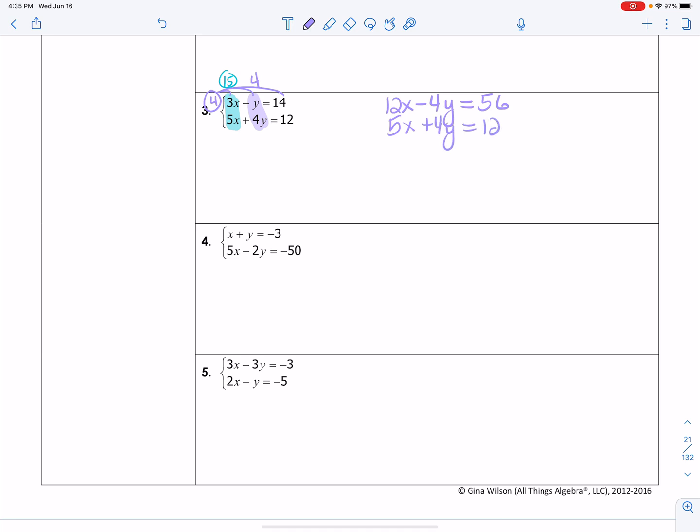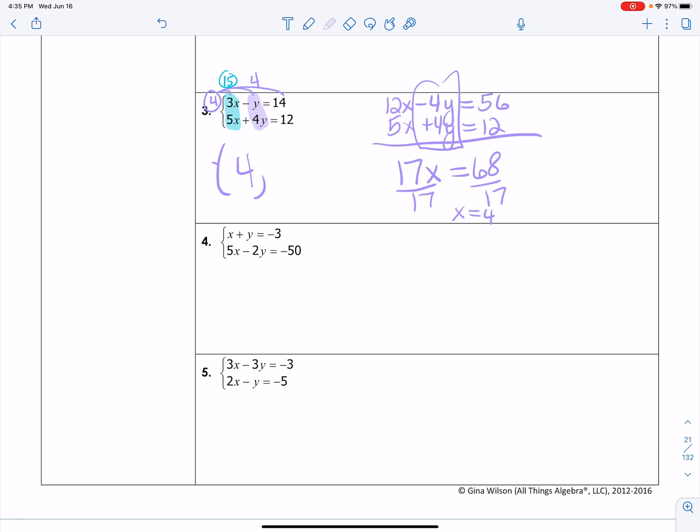Now, if you look at your y's, those cancel. So you end up with 17x equals 68. So you divide both sides by 17, and x equals 4. So that means my first number is a 4. So let's just mark this again. If x equals 4, that means I can put that in.